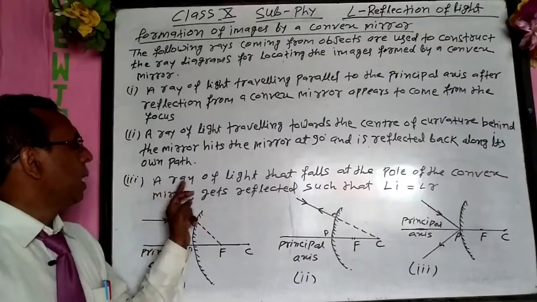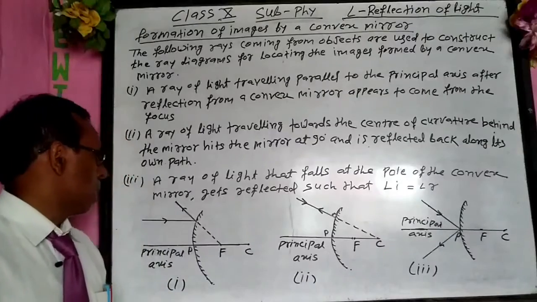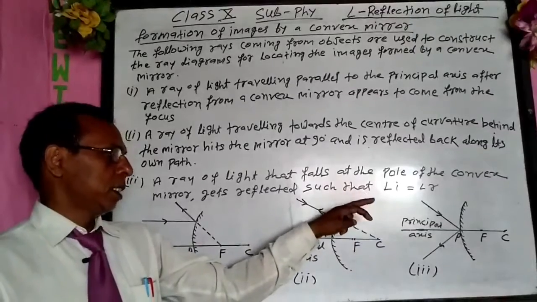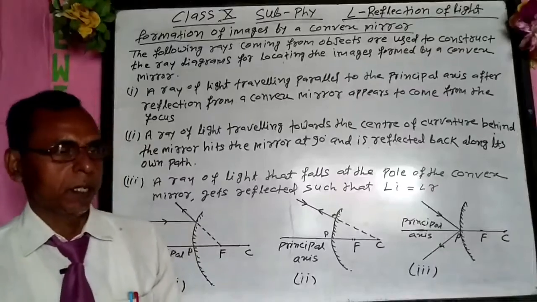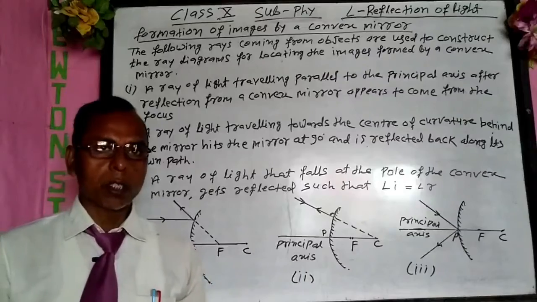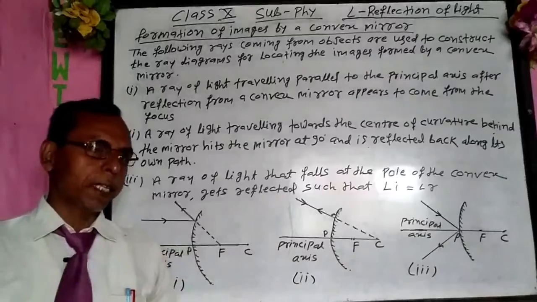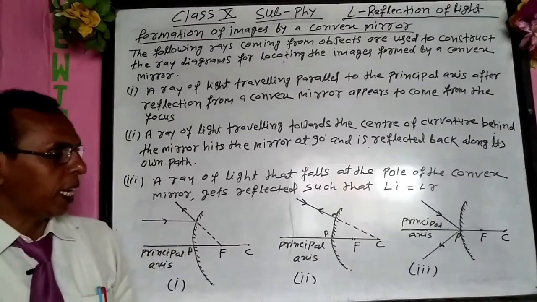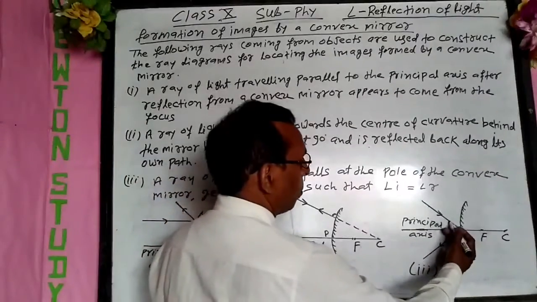Next, a ray of light that falls at the pole of the convex mirror gets reflected such that the angle of incidence is equal to the angle of reflection. An incident ray that falls at the pole of a convex mirror gets reflected such that the angle of incidence is equal to the angle of reflection.